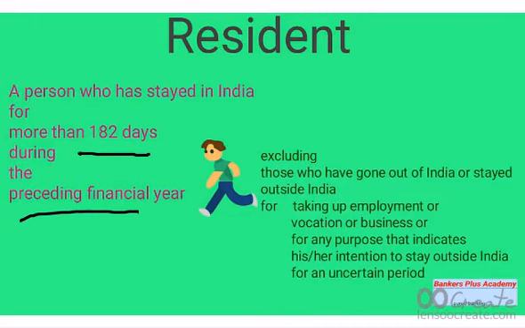Who are excluded? Those who have gone out of India or stayed outside India for taking up employment or vocation or business or for any purpose that indicates his or her intention to stay outside India for an uncertain period. They are excluded. That means these people are not treated as residents.